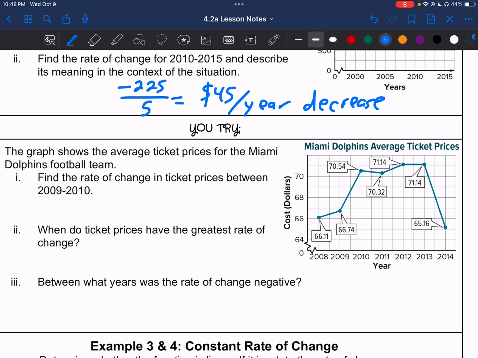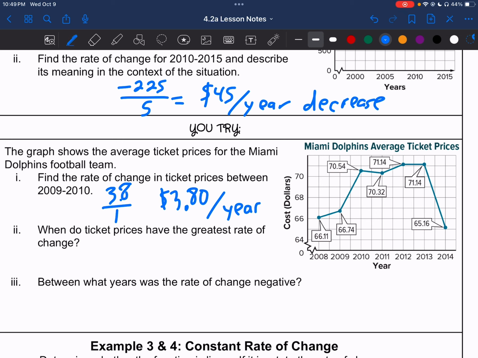And so what we're going to do, we find that difference, and that's going to be $3.80 in the course of 1 year. So we're going to see an increase of $3.80 per year. So from that time period, that's our increase.